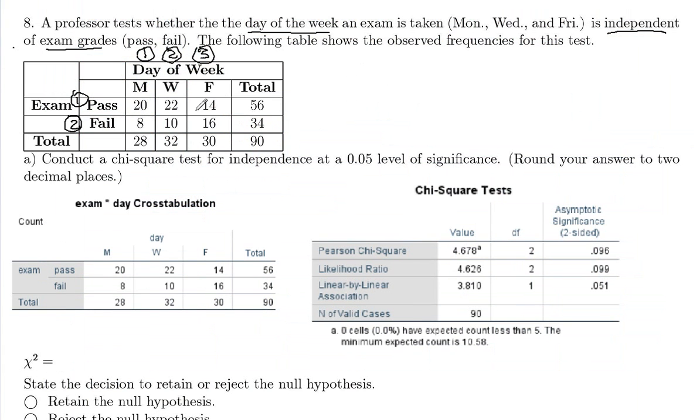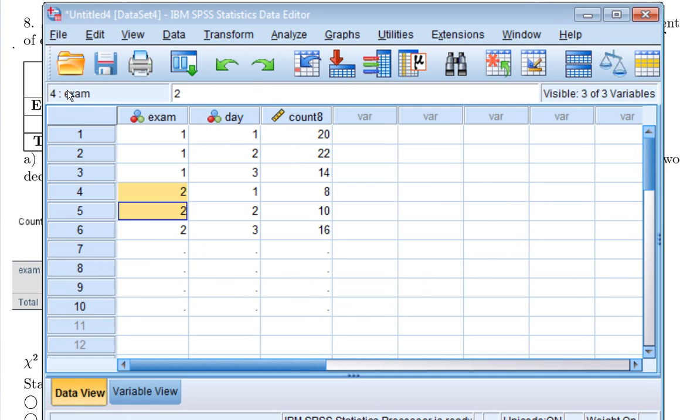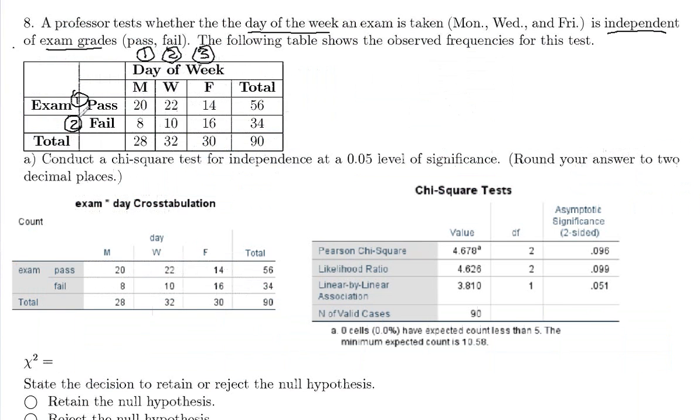So that's the first row. In the second part of the table, I've got three 2s for exam status, that is a fail on Monday, Wednesday, or Friday, and the counts are 8, 10, 16.